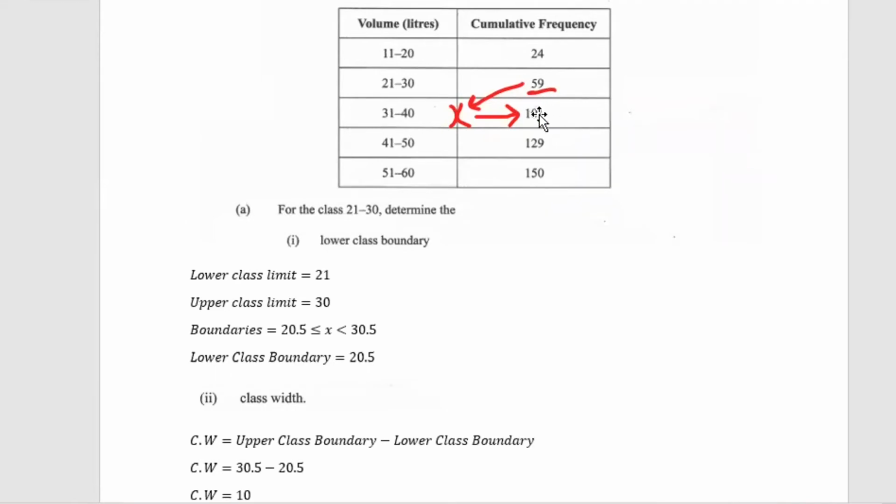So the 75th position would be within this class, where the highest cumulative frequency is 101. So it would be between this volume of 31 to 40. The 75th position, or value, corresponds to the median. So the 75th value lies in the class 31 to 40.